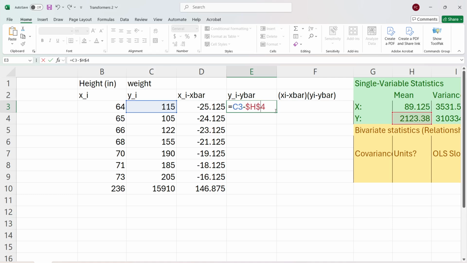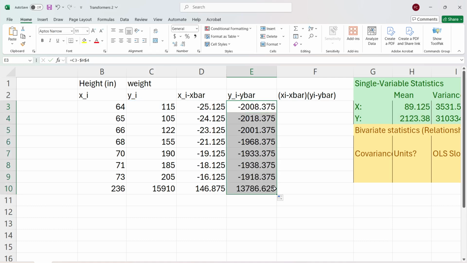And I'll tell it to freeze those before I click and drag down to there. There's yi minus y bar. Just like xi minus x bar, I noticed that 7 of these observations are below average, and one of them is quite a lot above average. So I'm seeing the same story with the height and the weight, and I'm starting to think that these things do in fact covary, or that the correlation between them could be high. We haven't gotten to correlation yet, but we're going to need it here in a second.